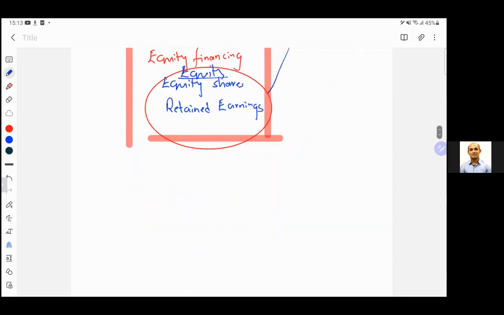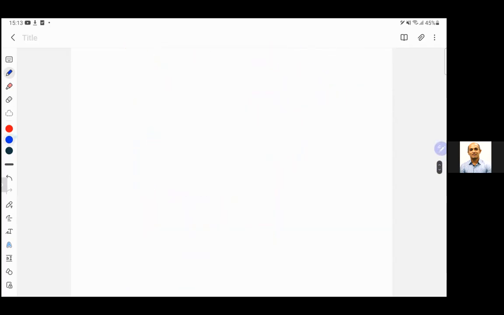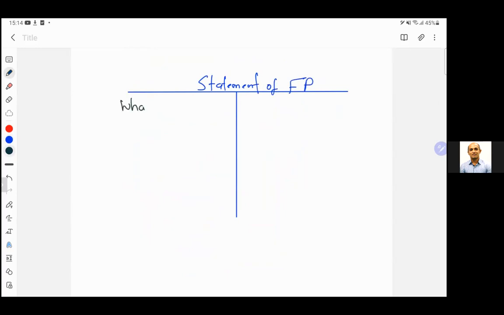Right. So if you see logically, what you can see from the statement of financial position is what investments the company has and how these investments are financed.